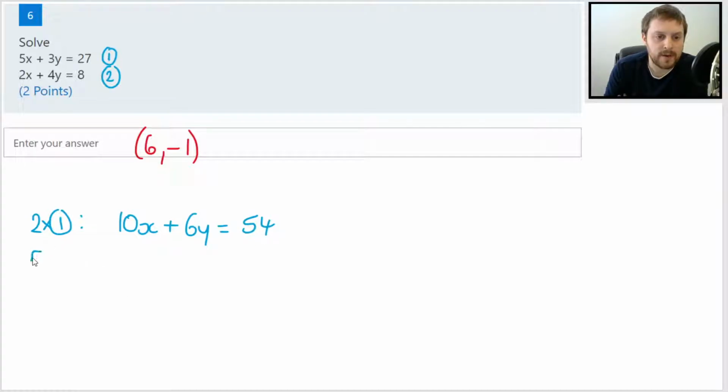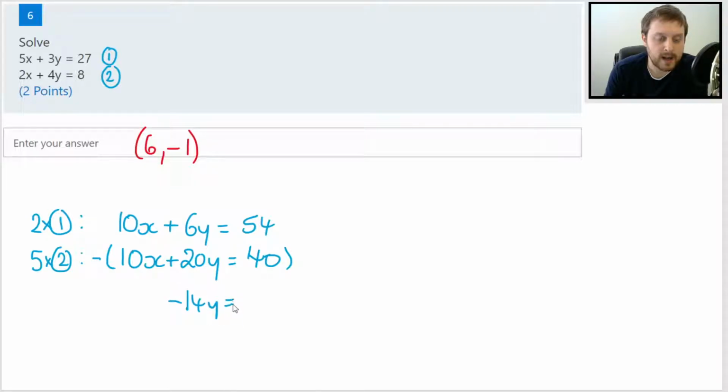And I should do 5 times equation 2. This gives me 10x add 20y is 40. When I subtract, this gives me minus 14y is minus 14, which means that y must be minus 1.